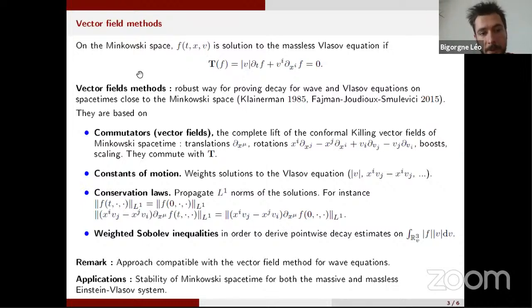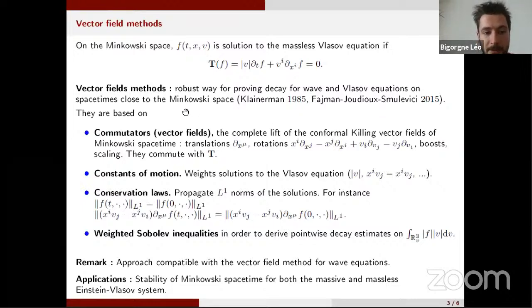So vector field methods are well known for being a robust method in order to obtain decay estimates for wave equations and Vlasov equations, at least on Minkowski spacetime. Okay, and the method was developed by Klainerman for the wave equations a long time ago. But for the Vlasov equation, this was developed more recently by David Fajman, Jérémie Joudioux, and Jacques Smulevici.